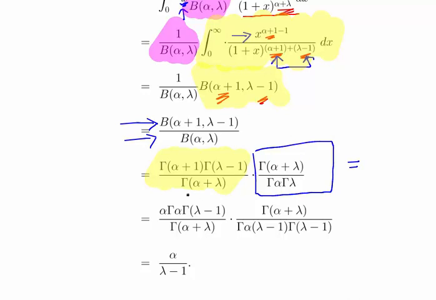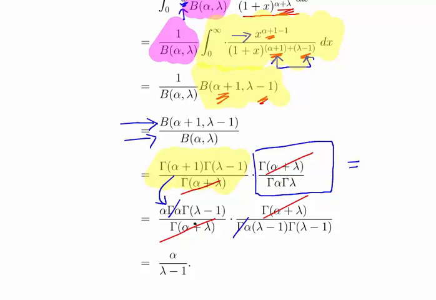Alpha and lambda, the gamma function of alpha plus lambda, they cancel out straight away. The gamma function of alpha plus 1 can be expressed as alpha times the gamma function of alpha, and that divides out with that.